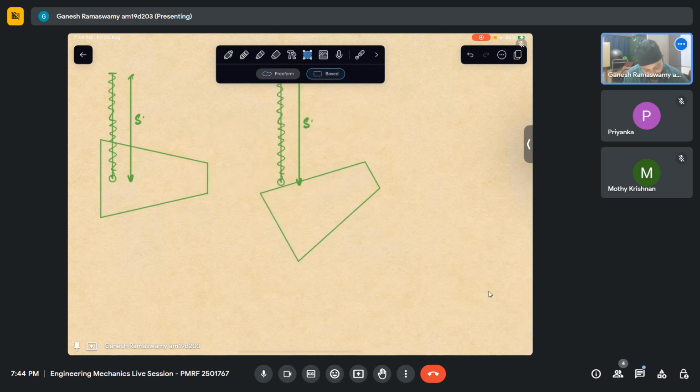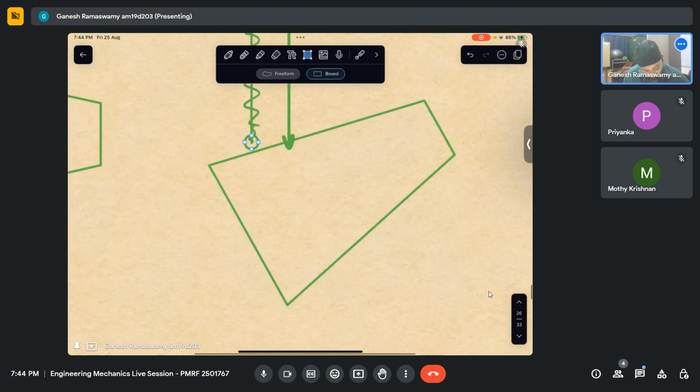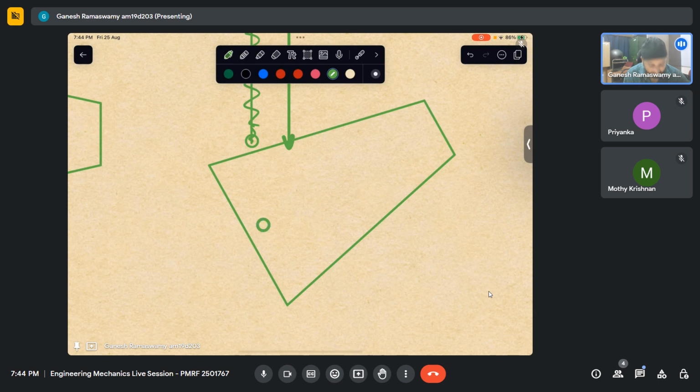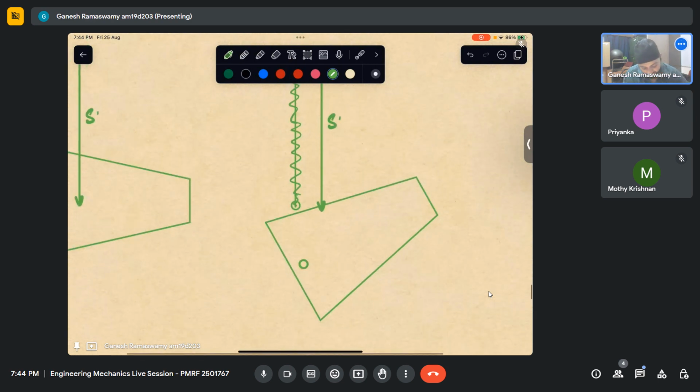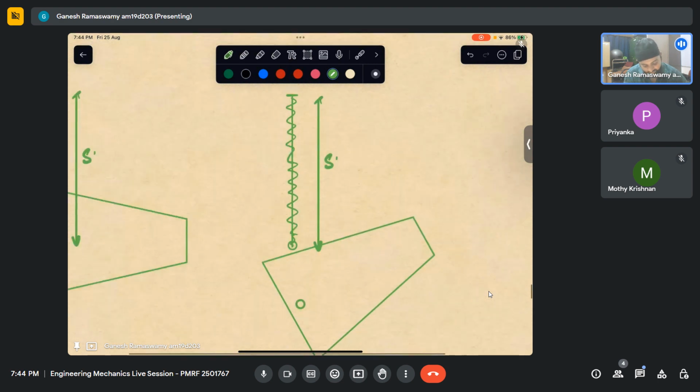And then this point has come here. Take it that it is straight, but the spring goes only till that point. Now what will happen? This A would have come here.